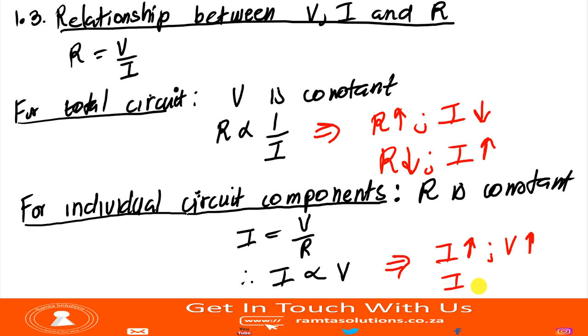And if current decreases, potential difference decreases. Remember, this is for individual circuit components. You will see the application when you do your past papers, and I will remind you when you do them.